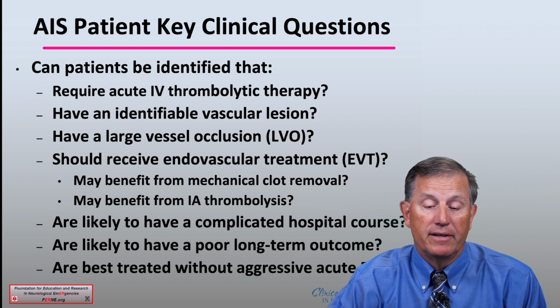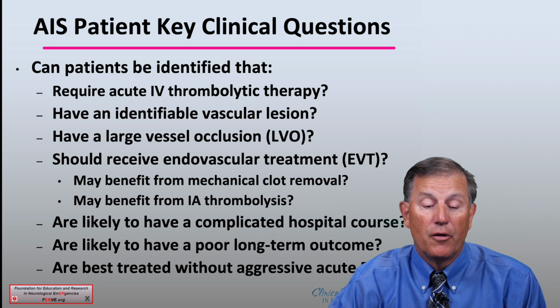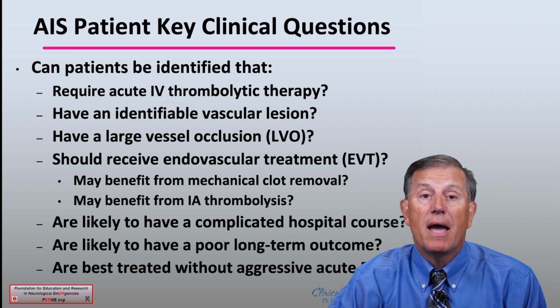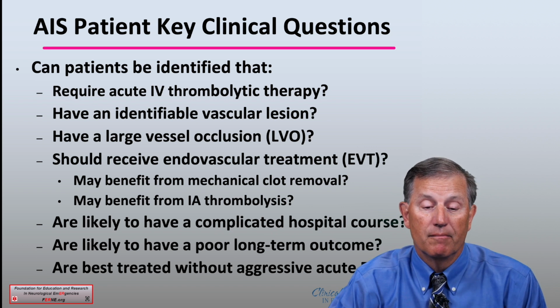We'd also like to identify patients who are likely to have a complicated hospital course, those who are likely to have a poor long-term outcome and therefore may be best treated without aggressive acute therapies.